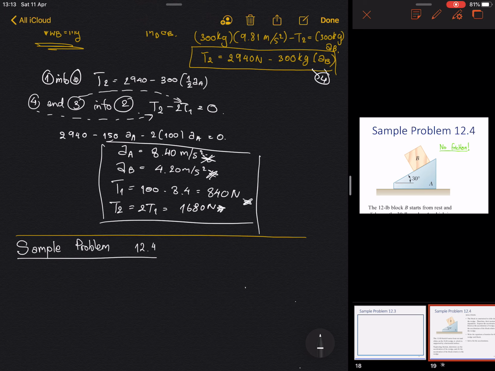So let's first again draw the free body diagram, FBD.